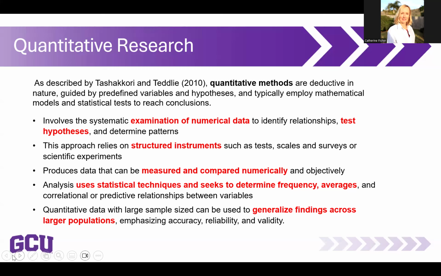The data that can be produced is measured and compared. And the analysis to determine what are some key significant findings uses statistical techniques, tests to determine what are the frequencies, what are the relationships.